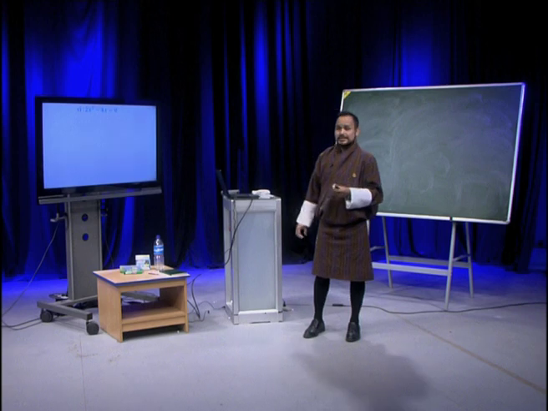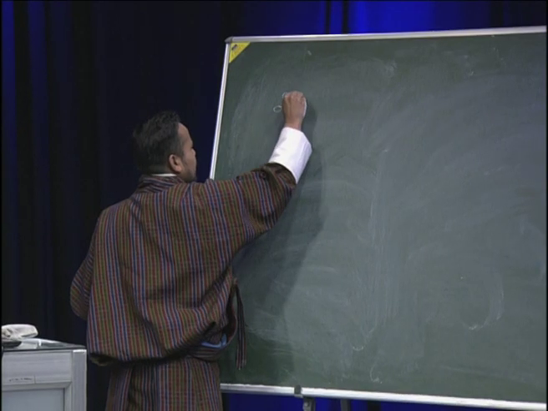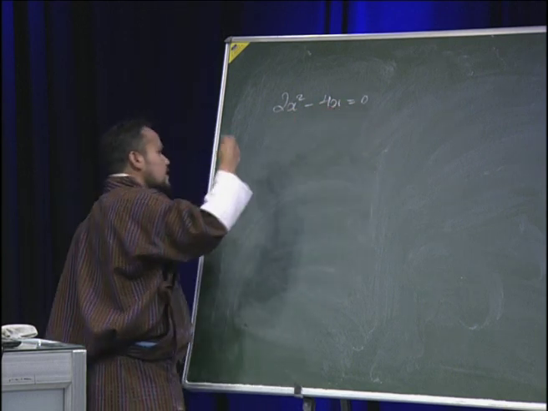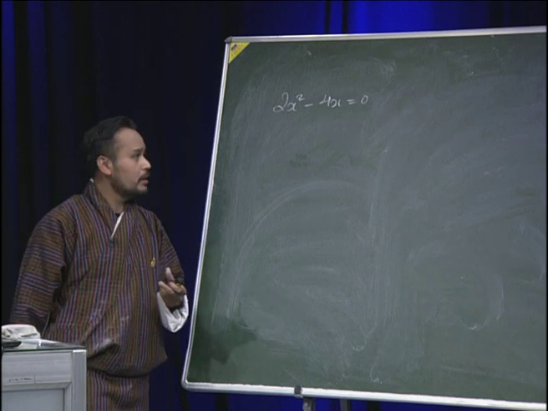Example number 6. 2x square minus 4x is equal to 0. This is a quadratic equation. This equation can be solved in a very interesting way.